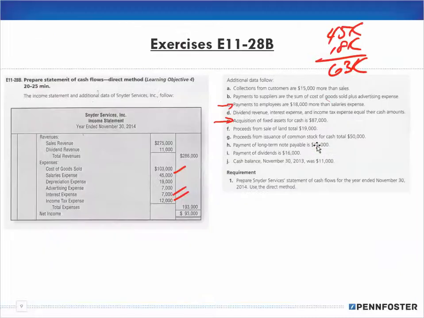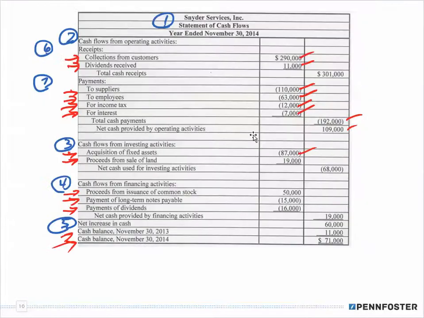And the same thing would be for the proceeds for the sale of land. I could go down through my checklist and see that you have to take into consideration the proceeds from the sale of land, and that's for $19,000. Well, if I sold the land, that means I got cash for it. So that's a plus 19,000. The acquisition of fixed assets means we bought the fixed assets, so that's why it's a minus 87,000, because it's cash going out.